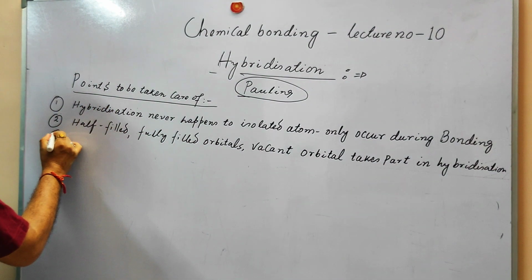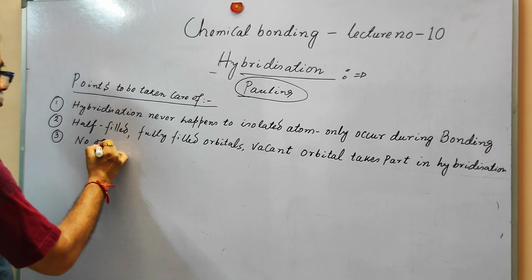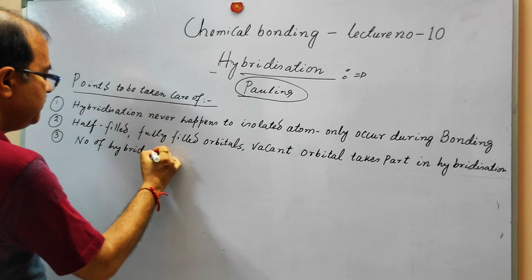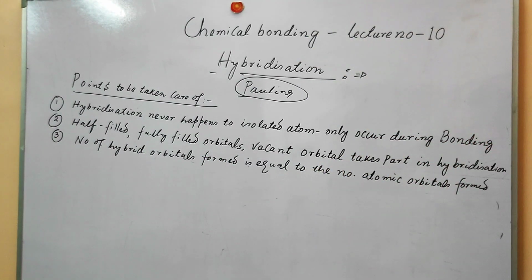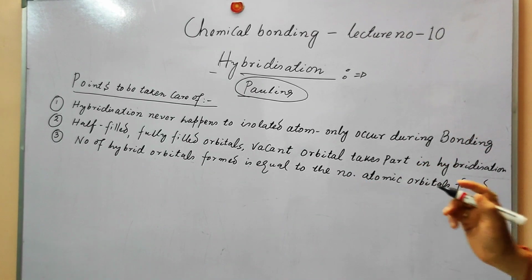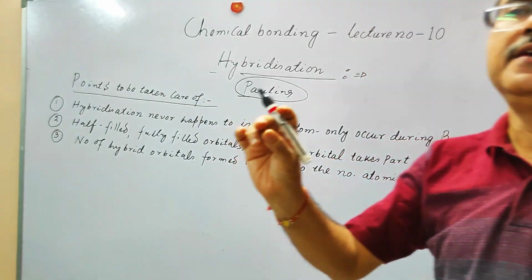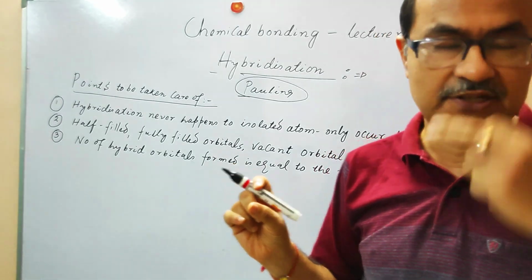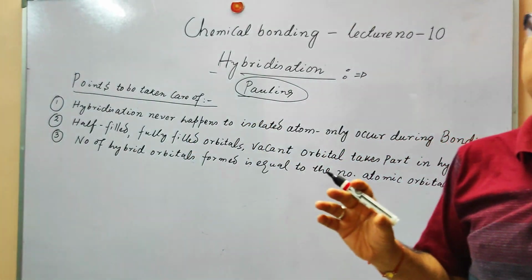Third point, the number of hybrid orbitals formed is equal to the number of atomic orbitals mixed. Suppose one 2s orbital and three 2p orbitals are mixed.